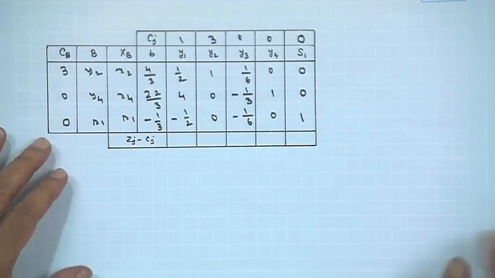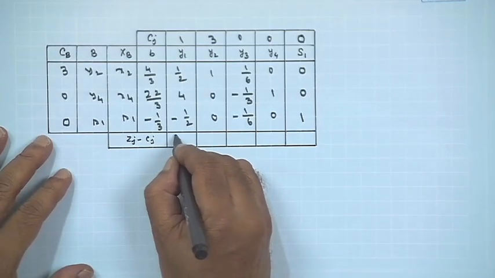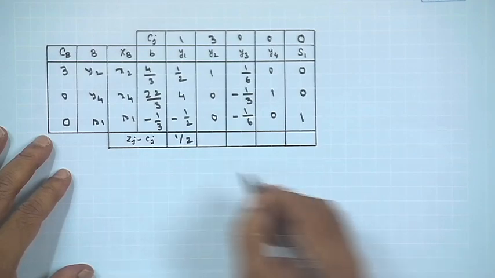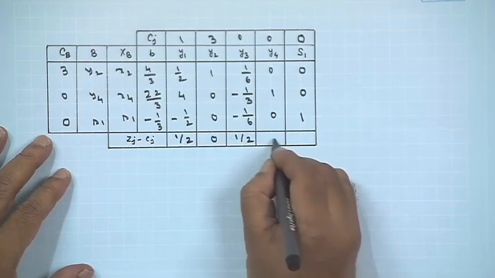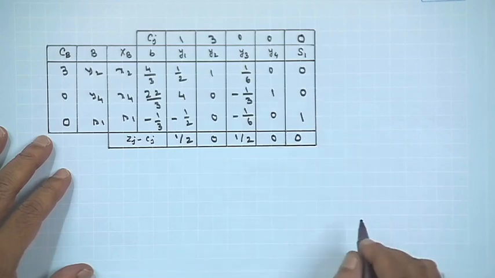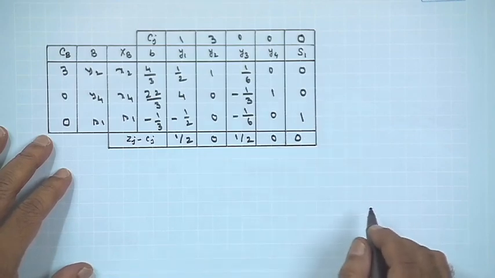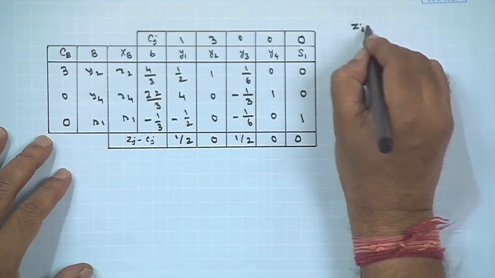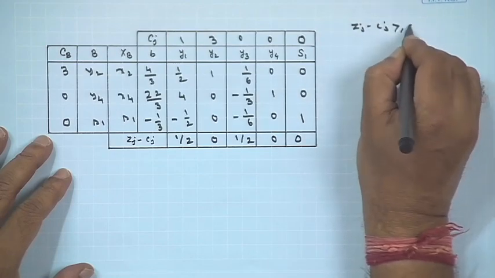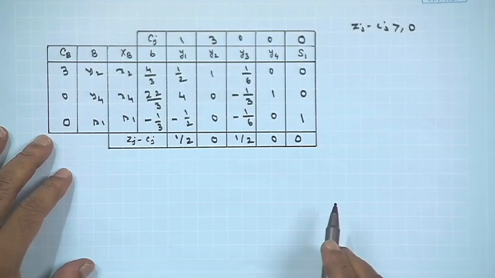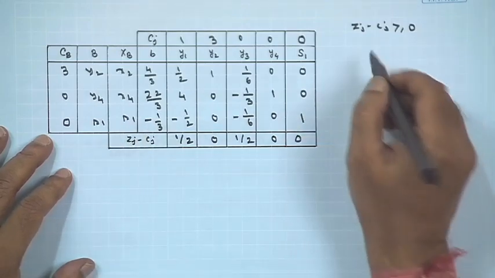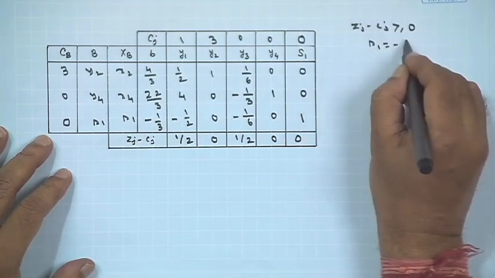So, now your Zj minus Cj value will be equals to half, 0, half, 0 and 0. Here your Zj minus Cj is greater than equals 0, but the solution is infeasible, since S1 equals minus 1/3.